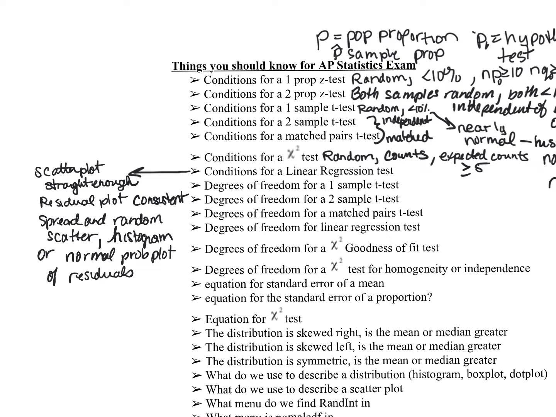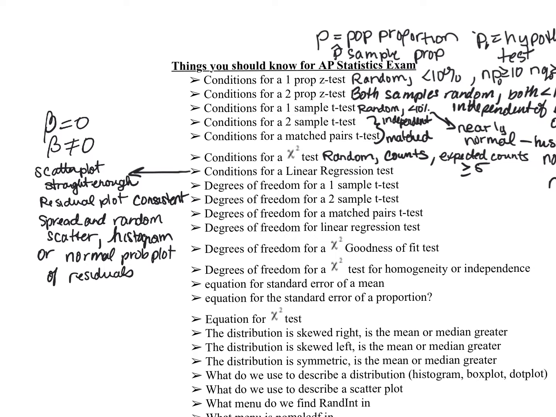And then for lin-reg t-test, use beta in your hypothesis. Our hypothesis is beta equals 0, or beta does not equal 0 usually. So our null hypothesis is that there is no association between the two variables, and our alternative is that there is an association between the two variables.